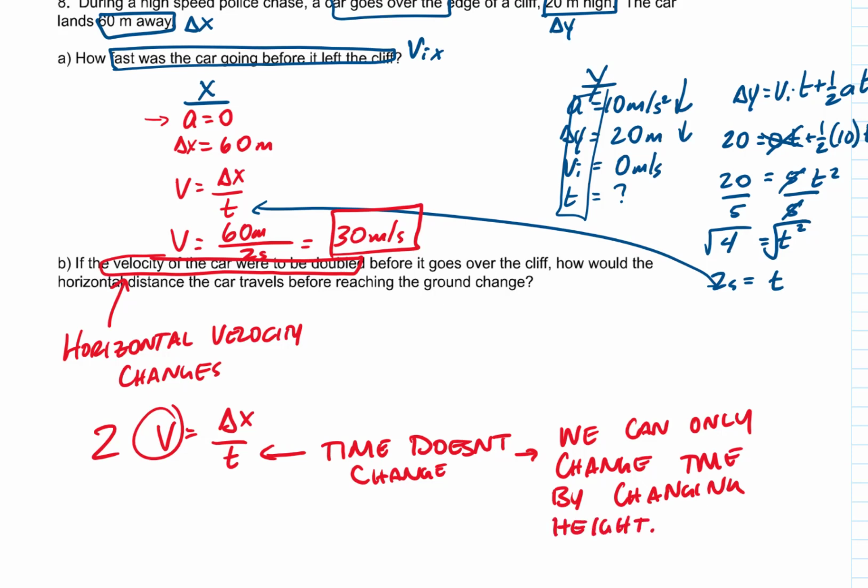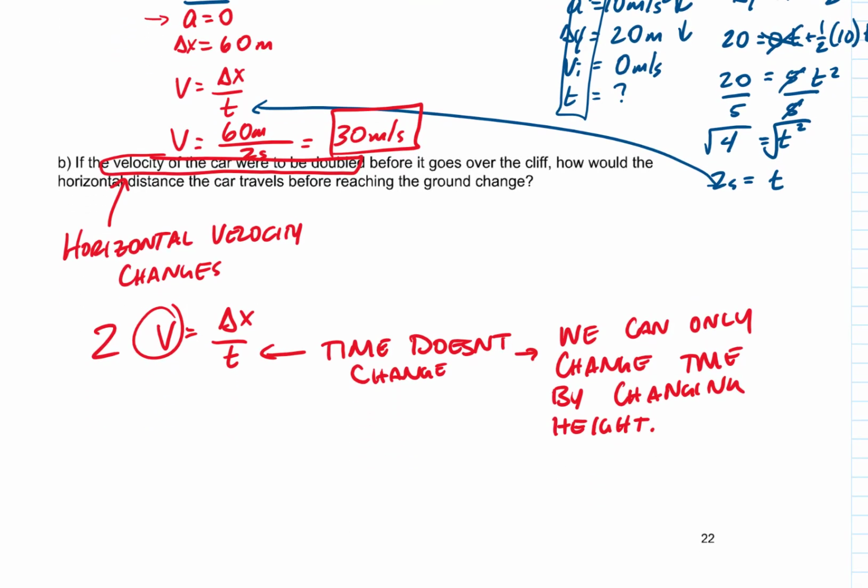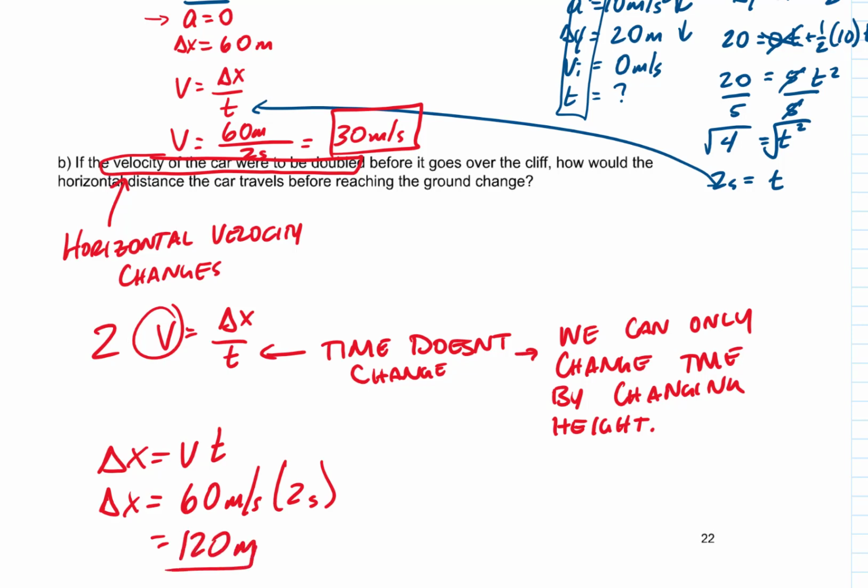If we don't change the height, we don't change the time. So by doubling the horizontal velocity, my delta x is velocity times time. So my delta x is 60 meters per second times 2 seconds. We end up going 120 meters. We double the distance.